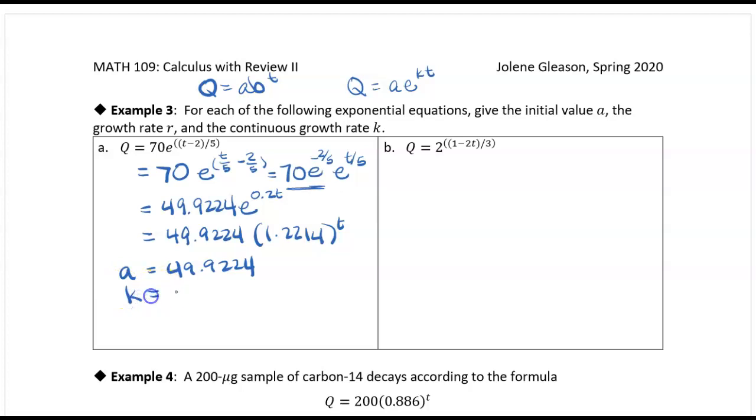That's easy enough. k is 0.2. Okay, and r is equal to b minus 1. So I can just subtract 1 from this 1.2214. So r is 0.2214.